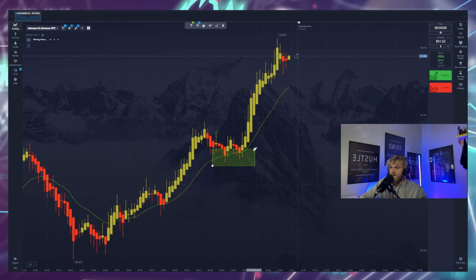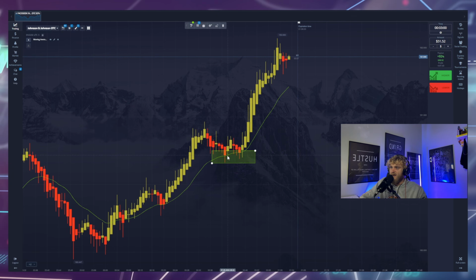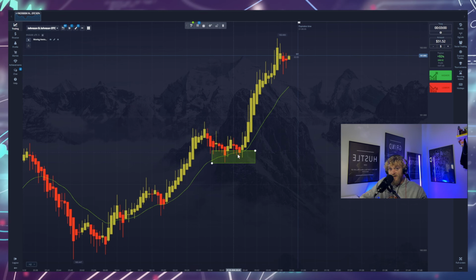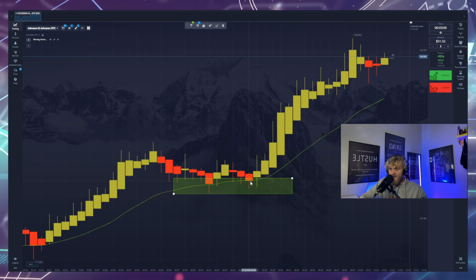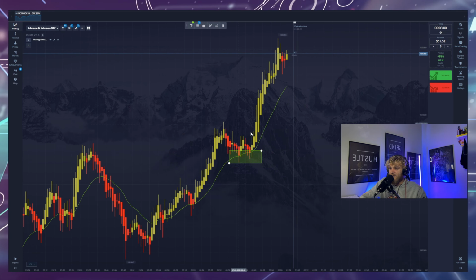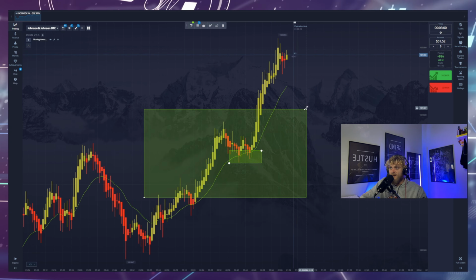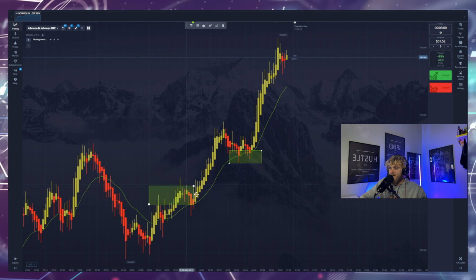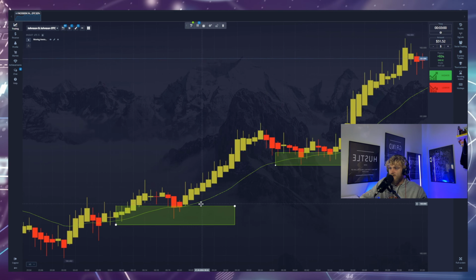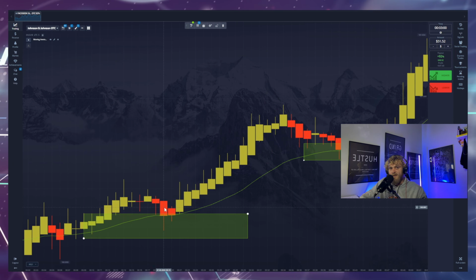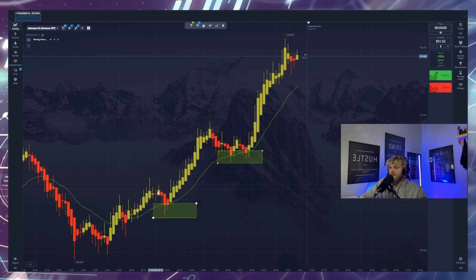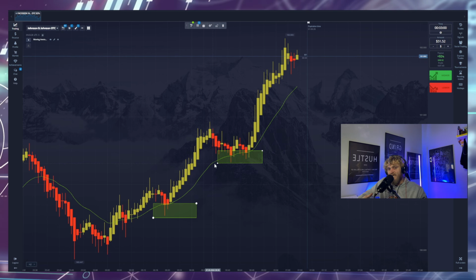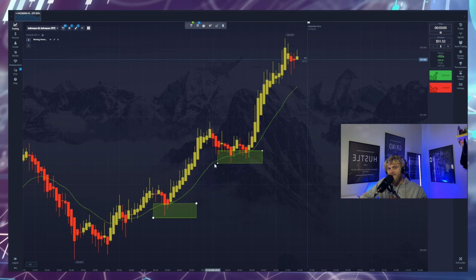You see how it did bleed through the EMA, but the bodies didn't close underneath the EMA, right? Look right here. Let's see again. Look. Boom. Look at that.